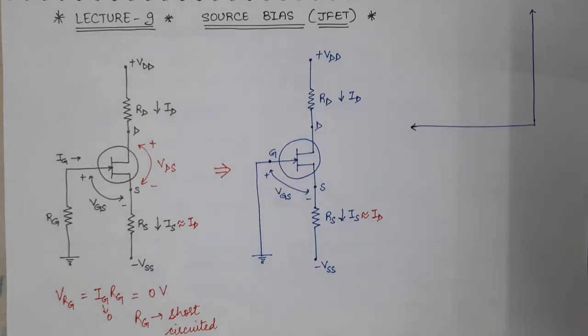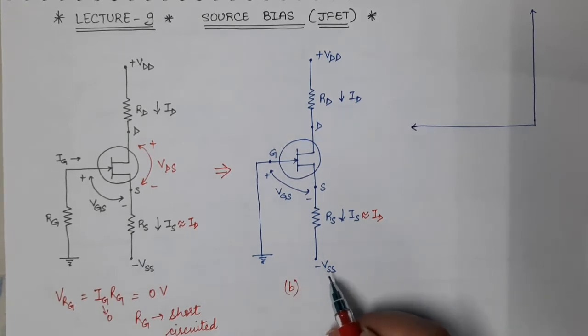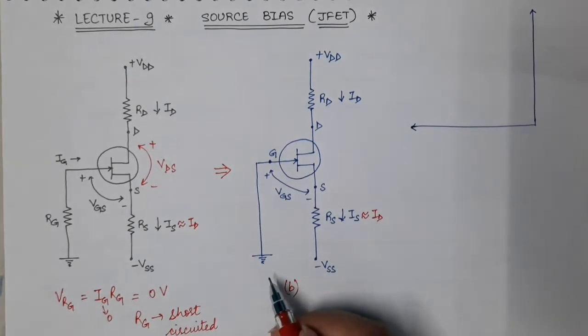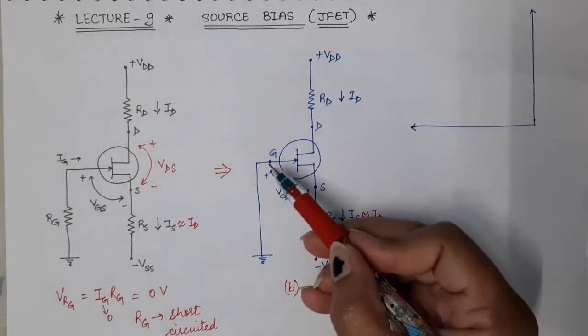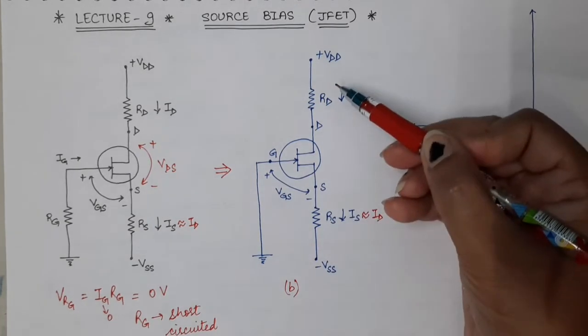So now we will consider figure number B to find the proper operating point. And here you can see we have applied biasing voltage across source and drain, and gate is connected to ground. This means that gate is common to the input circuit as well as the output circuit.